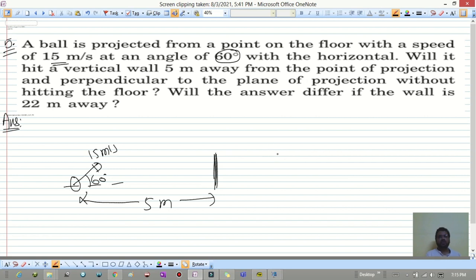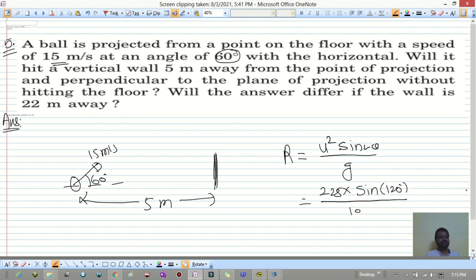So to find the range, firstly, range is equal to u squared sine 2 theta divided by g, which is equal to, what is u squared over here? 225, that is 15 squared, into sine 2 theta as in sine 120 degree divided by g, which is 10, we can write.